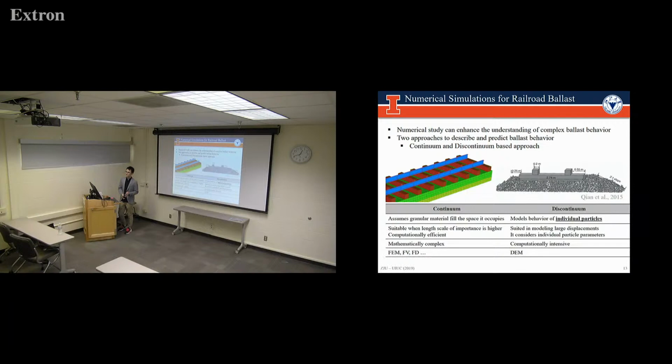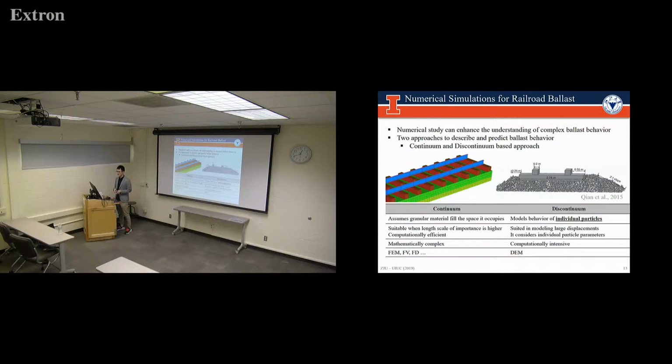So apart from the laboratory work, numerical studies can also enhance our understanding of complex ballast behavior. Usually there are 2 approaches: one is a continuum approach, and the other is a discontinuum approach. When we use the continuum approach, we usually assume that the granular material fills the space continuously.